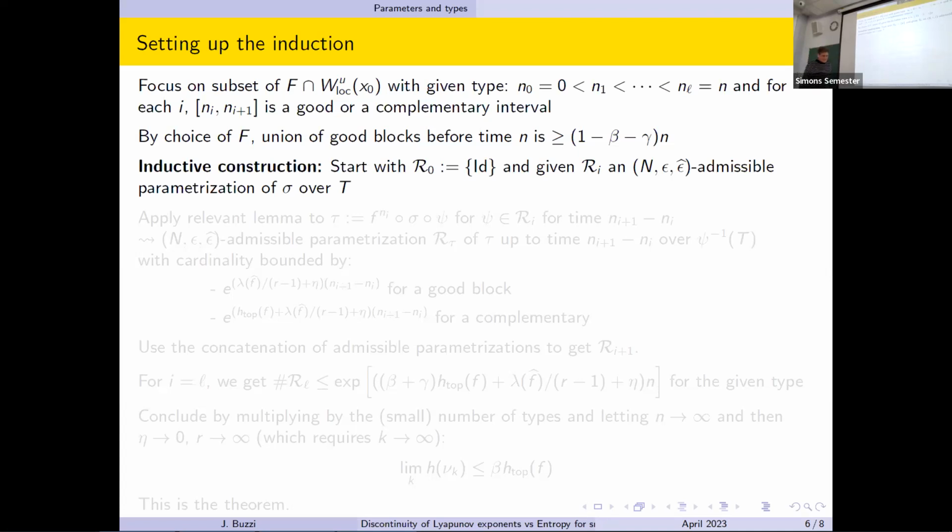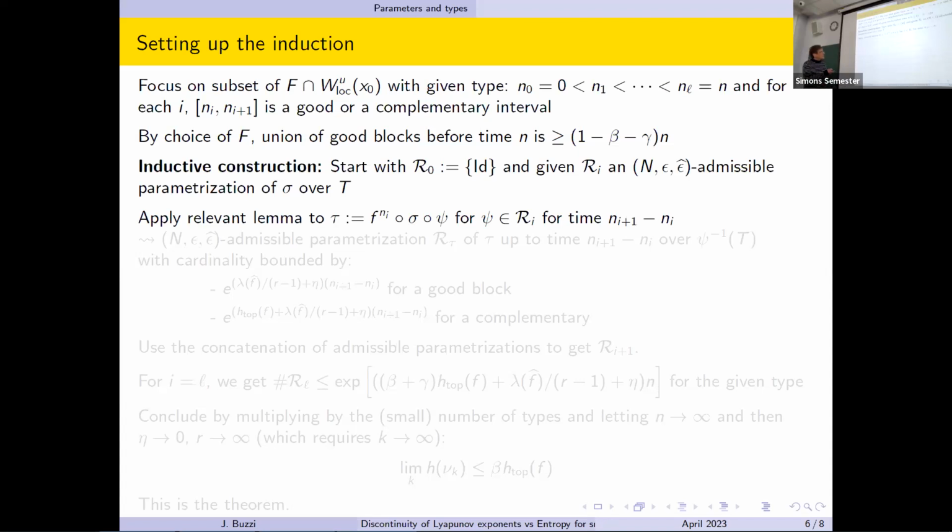We take the curve as it is given. And at each step, which will be at each beginning of an interval cut by this partition, cut in fact by the good blocks, we refine our parametrization by applying the relevant lemma to the curve that we have at this iterate n_i.